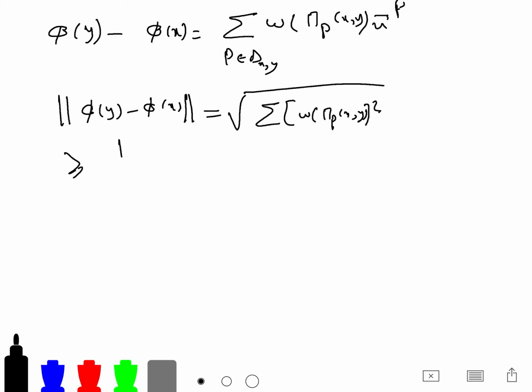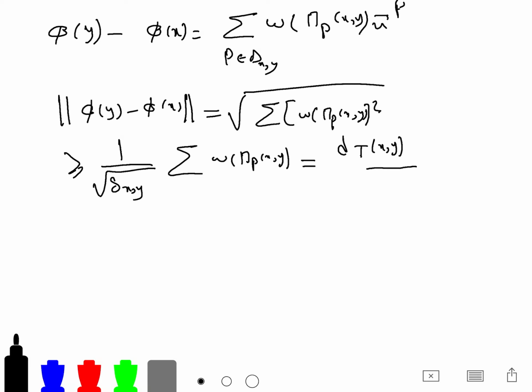And this is greater than 1 over square root of delta x and y times omega of p of x and y. And this is just the tree distance of x and y divided by square root of delta x and y.